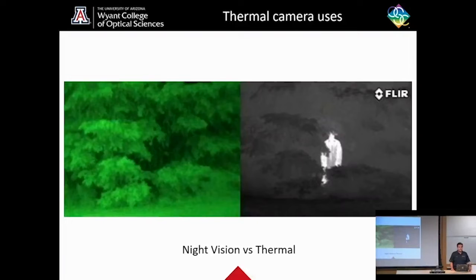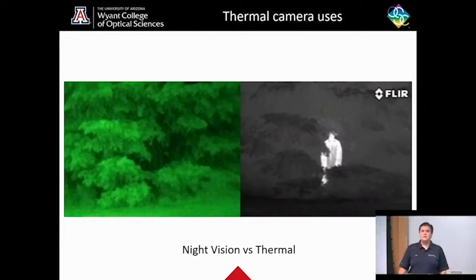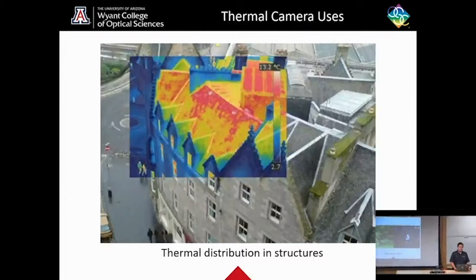Whereas with thermal, in this image you can see that it's the same area, but the thermal is the one on the right, and you can see the human through the foliage because they are at a different temperature and giving off light that has more energy, is stronger than on the left, where you can not see the human at all.